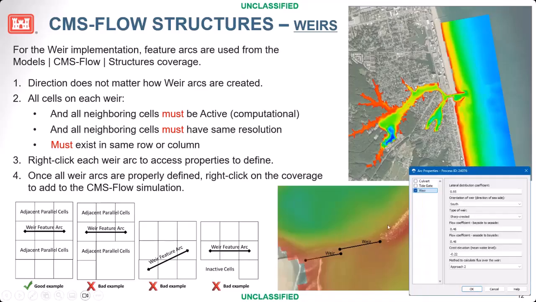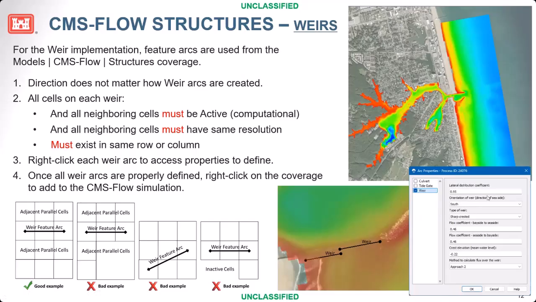And then once you have the arcs created, like we mentioned earlier, there's another dialog that you pull up to actually give more information. You have to say, okay, for this weir, which side is the direction of the seaside from that. I looked for a way to automate this, but I can't necessarily find one easy right now.